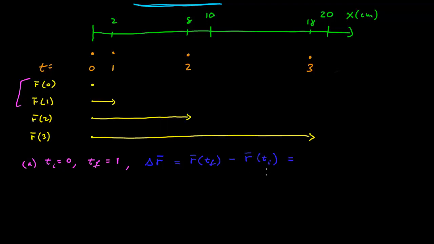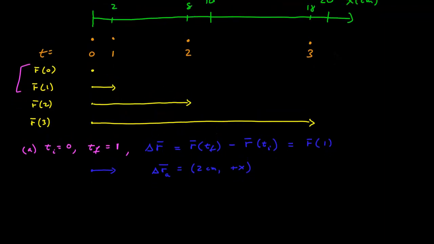Well, this is just 0, and so we are simply left with the vector function at time equal to 1. So our delta r then, we'll call this delta r_A, we're going to do a couple of these, to distinguish them, is simply 2 centimeters in the positive x direction.